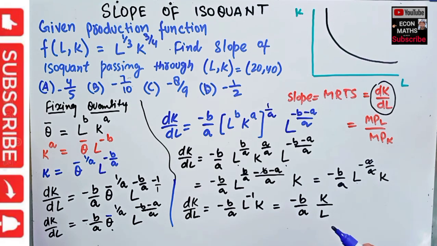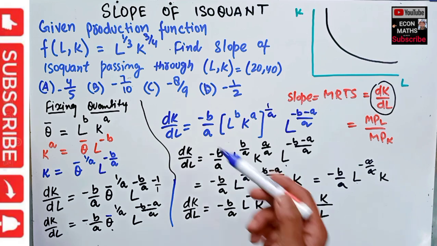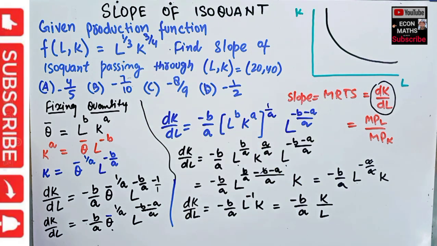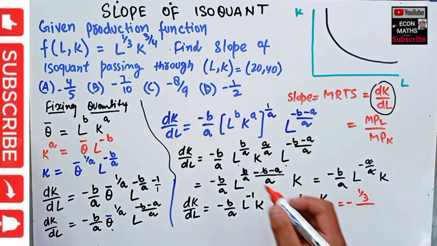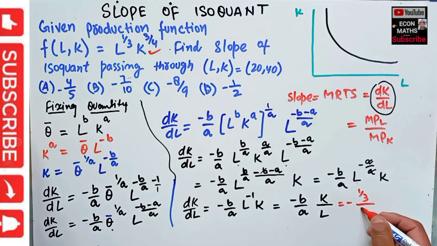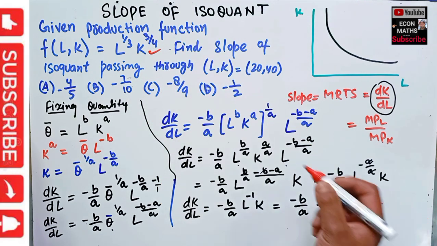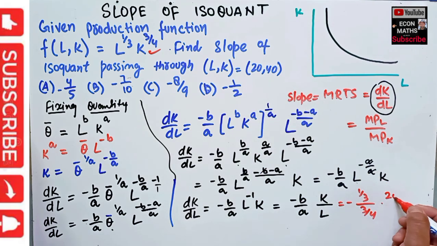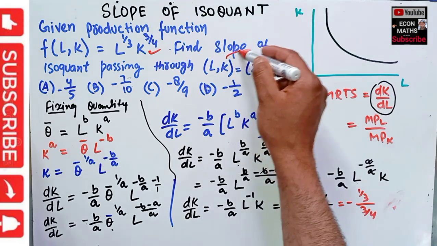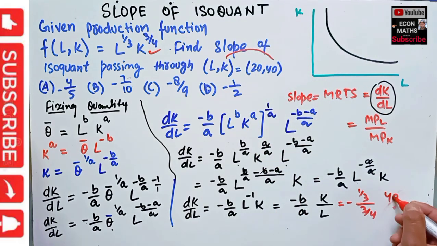Now let's give the values of b and a. B is 1 upon 3. So in place of b we have 1 upon 3, so we have minus here 1 upon 3 divided by a. A is 3 upon 4. K is given to us as 20. Sorry, K is given as 40, so we have 40 divided by 20.